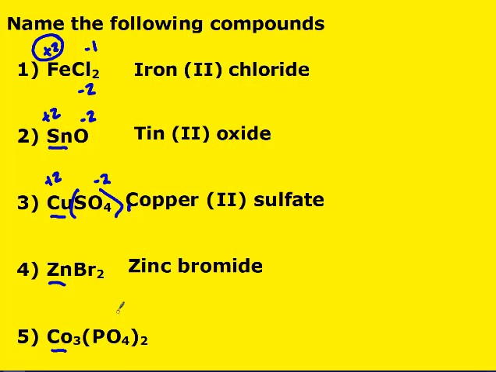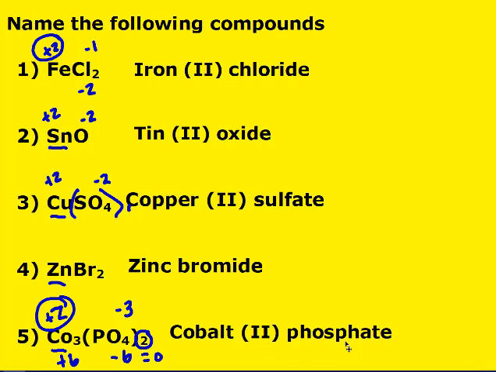So we say PO4 is a -3. -3 times 2 gives me -6. So I must have a +6 overall, so it equals 0. So 6 divided by 3 gives me a 2+. So cobalt(II) phosphate.